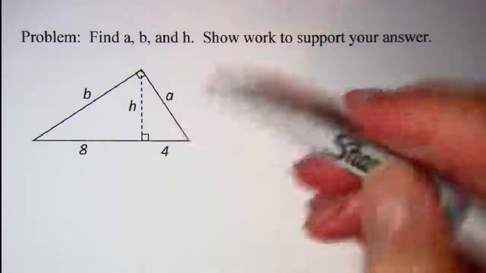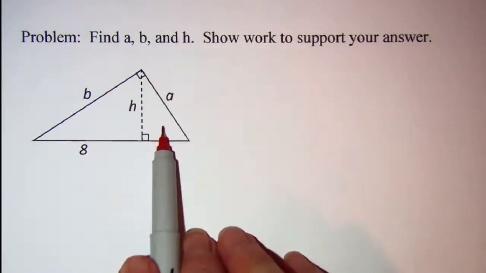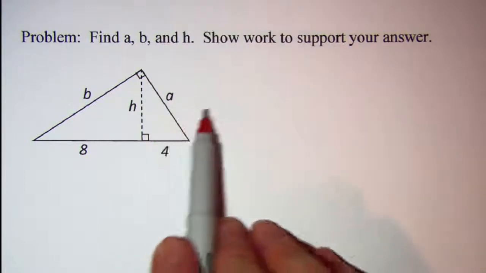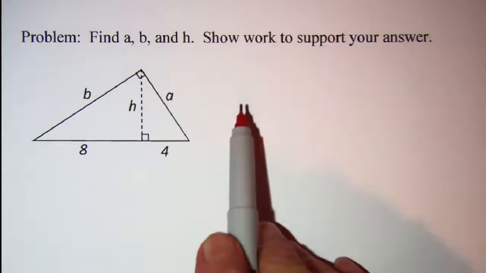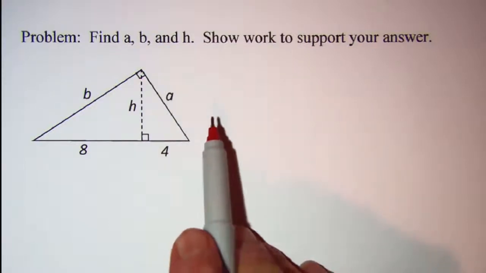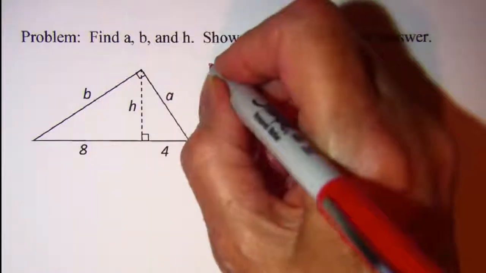Now we could separate these two smaller triangles from the big one and look at the proportions that way. An easier method is to use a theorem from geometry.